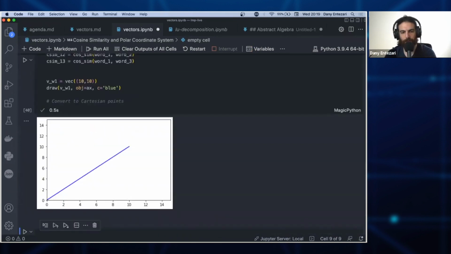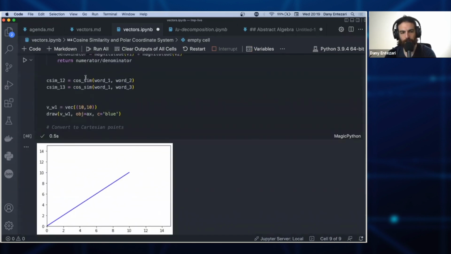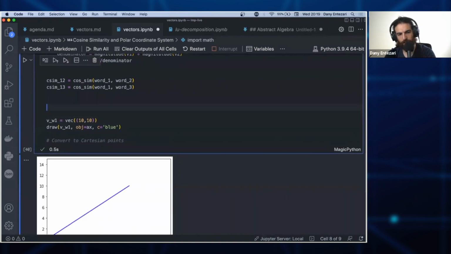Now, after we have calculated the cosine similarity, we need to grab the x and y for the second vector. So the formula was as follows. If I want to draw the second vector, I'm going to go V, W2. The position of this vector is relative to vector 1.